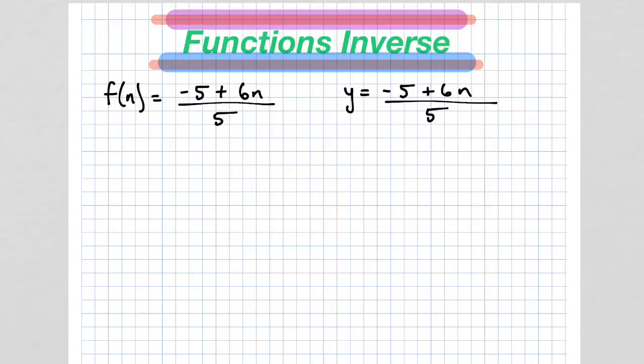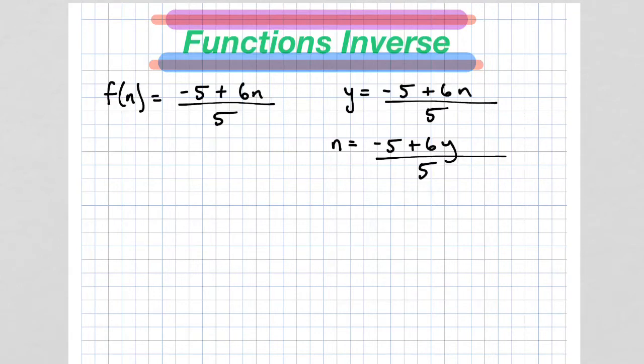So now we have n equals negative 5 plus 6y over 5. Then just go ahead and solve for y. We are going to multiply both sides by 5. Why? Here we are dividing, so to reverse engineer this, we need to multiply both sides by 5.